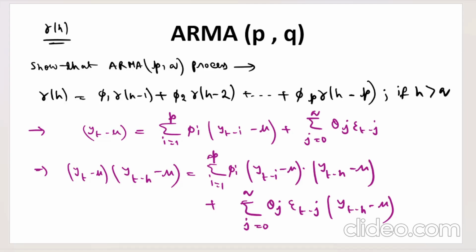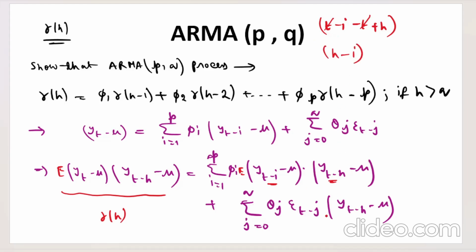Right, now what you have to do is simply take expectation on both sides. If you take expectation here, this will be nothing but gamma h. That is why we follow this process. Now if you take expectation of this into this, you have to see t minus i minus t plus h. So t will cancel out and you will be having only h minus i.